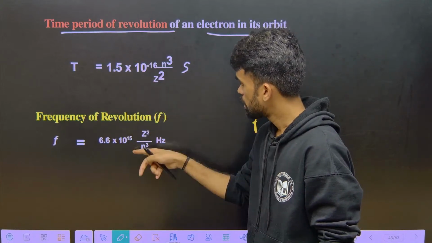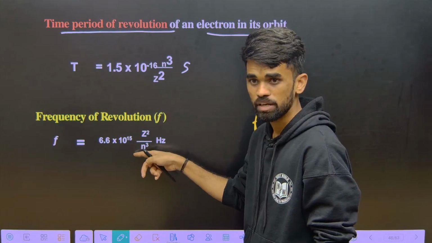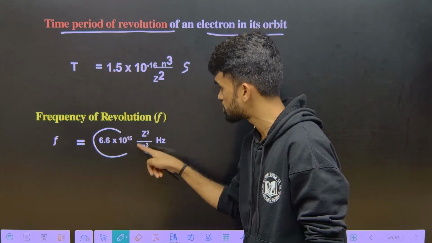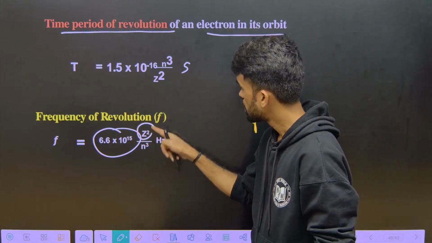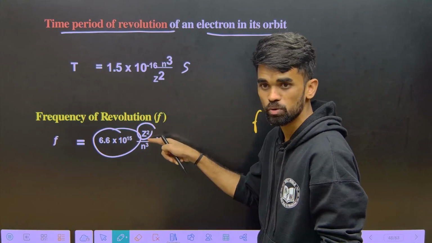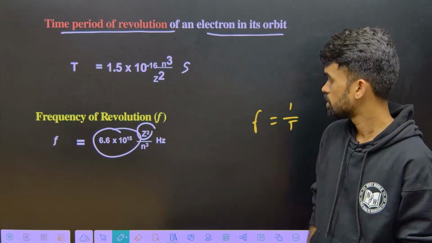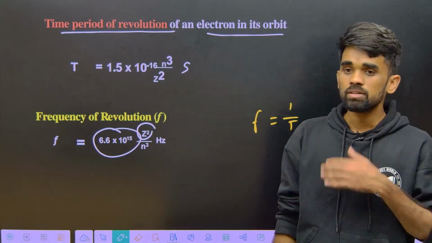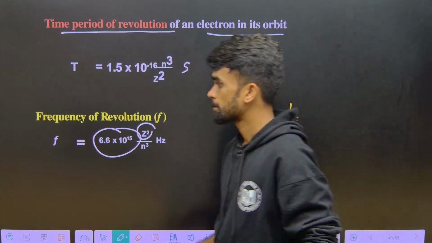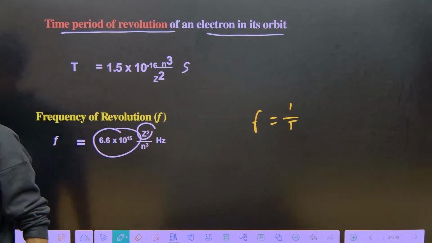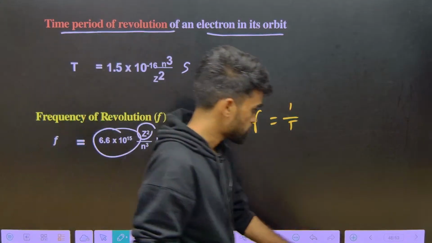So this becomes the reciprocal, and the constant becomes 6.6 into 10 power 15, with Z square in the numerator and n cube in the denominator. Write it as it is. Clear up to here?